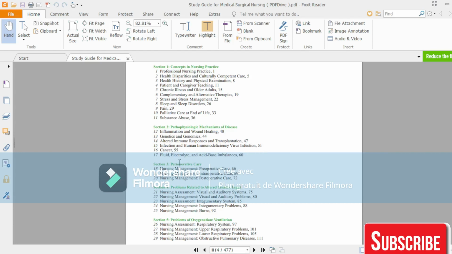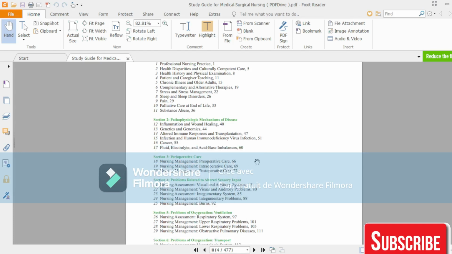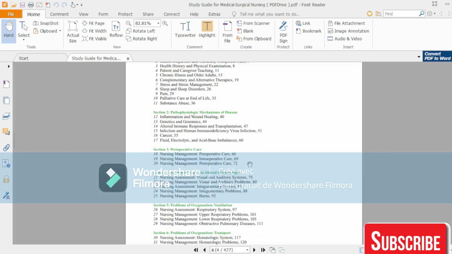We have the cancer, fluid, electrolyte, and acid-base imbalances, as you can see here. So this is it for section 2. We have also in section 3, which is preoperative care, the nursing management preoperative care, nursing management intraoperative care, the nursing management postoperative care, etc.